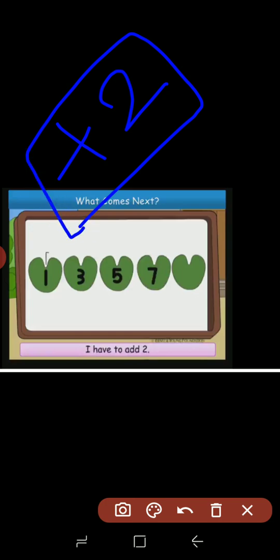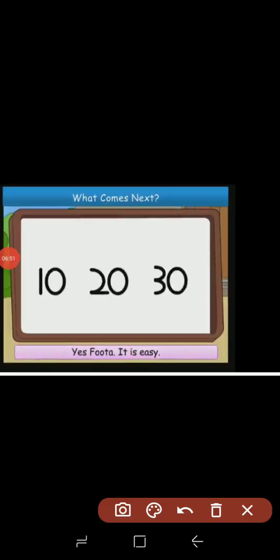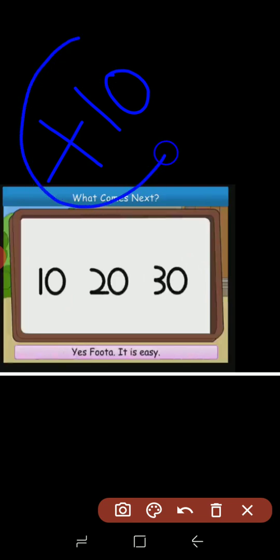Understood? That means what we have done, we have to add 2 here to get our answer. And in this we have to add 10 to get the number. Understood?